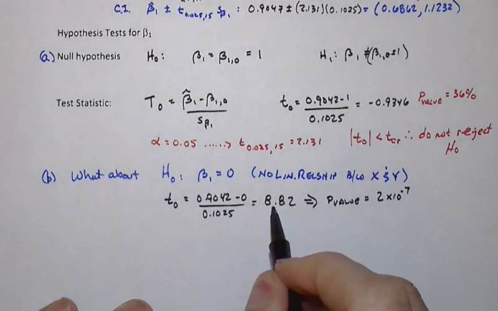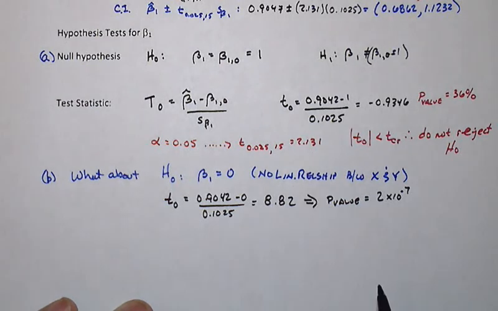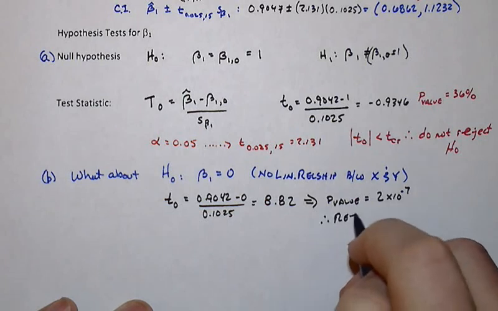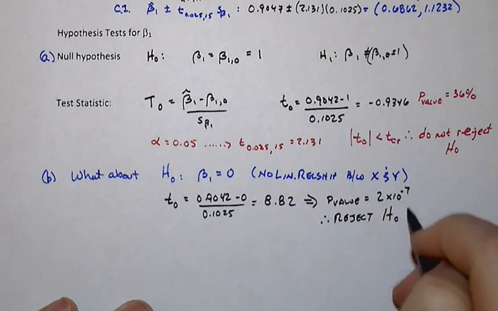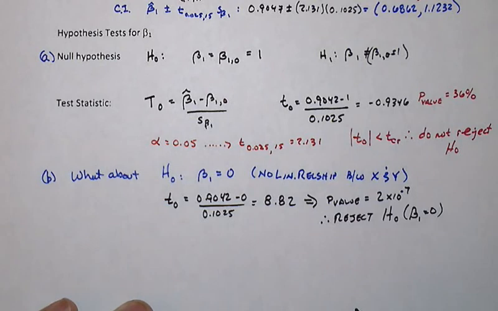Or you can look at it and say 8.82 is larger than 2.131, and therefore you reject this new null hypothesis that beta 1 is equal to 0.